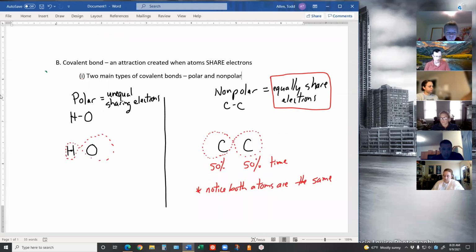Hopefully I have conveyed that the amount of time the shared electrons spend around hydrogen is a lot less than the amount of time the electrons spend around oxygen. So it might be a situation like this: 10% of the time, the electrons are spinning around hydrogen, and 90% of the time, the electrons are orbiting the oxygen nucleus. And obviously we notice here that the atoms are different.